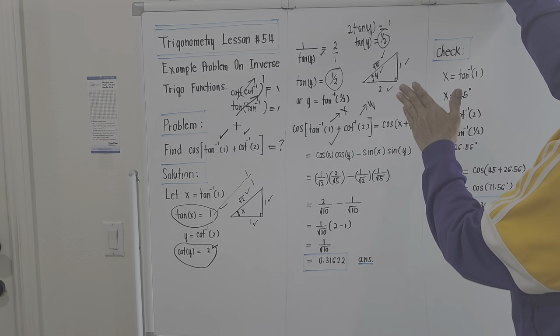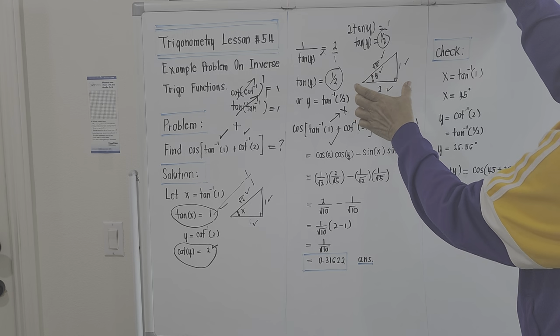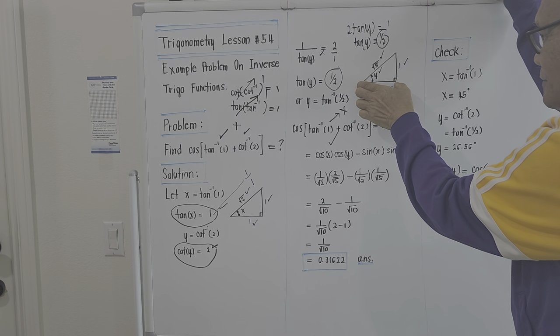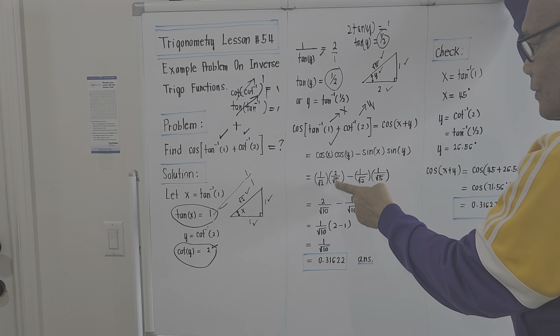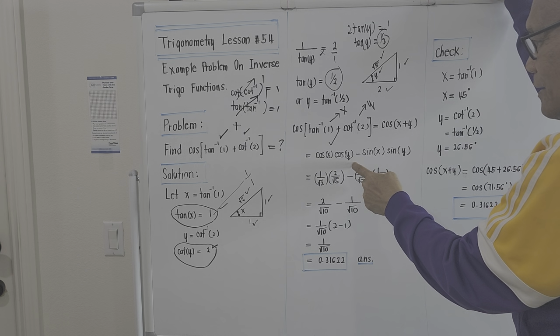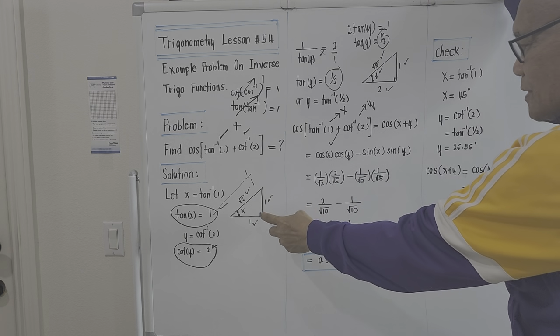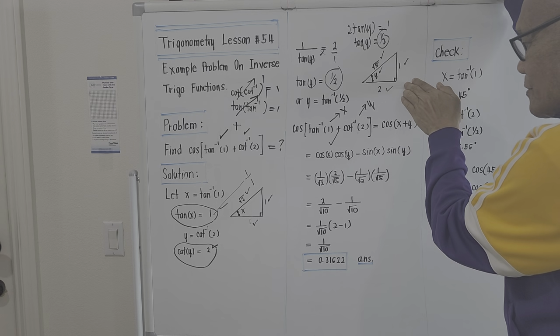For cosine of y, we use the second right triangle. Cosine of y will be adjacent side over hypotenuse, considering angle y, so this is times 2 over square root of 5. Cosine x came from the first right triangle, and cosine y from the second right triangle.